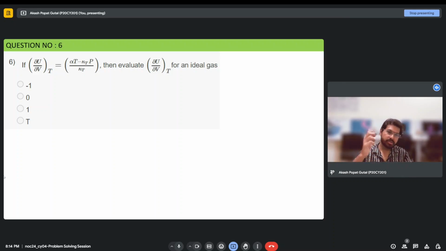They are asking for the internal pressure of the ideal gas. What should be the internal pressure of an ideal gas? Its definition is given in terms of alpha and kappa T, those two coefficients. You just need to find out what that value is for an ideal gas.